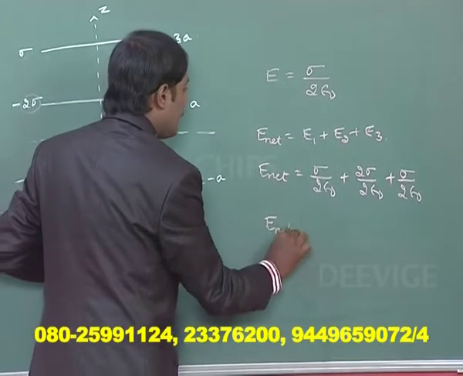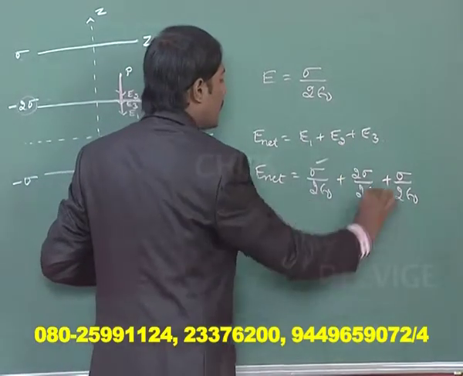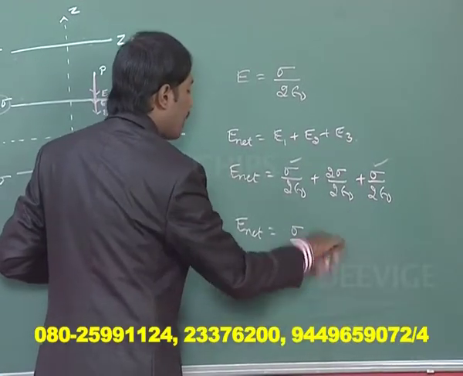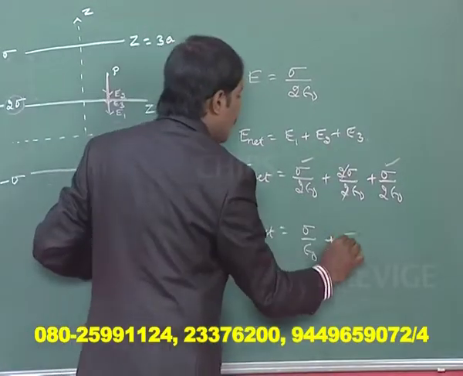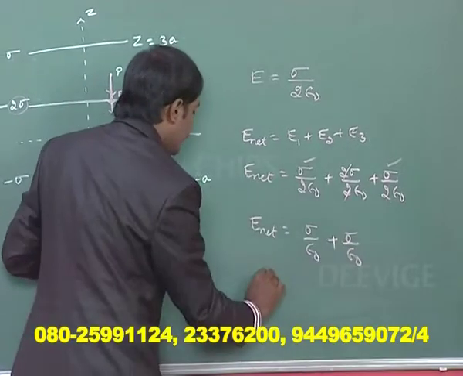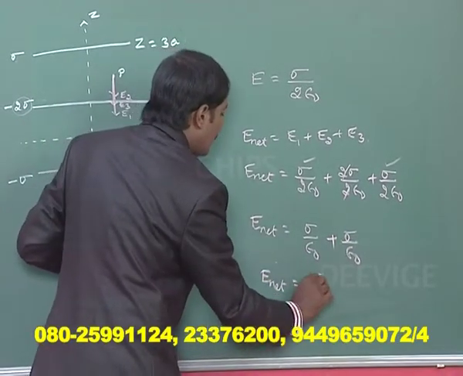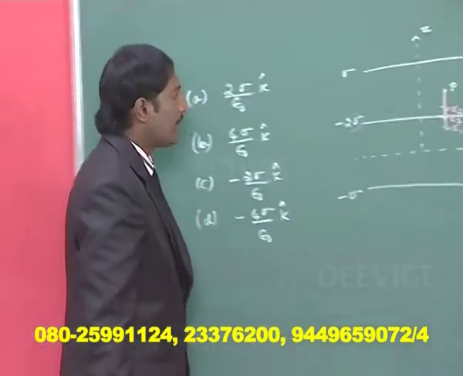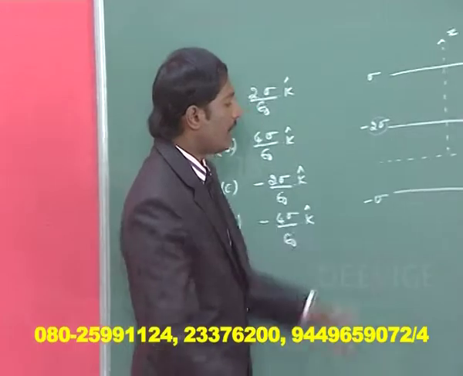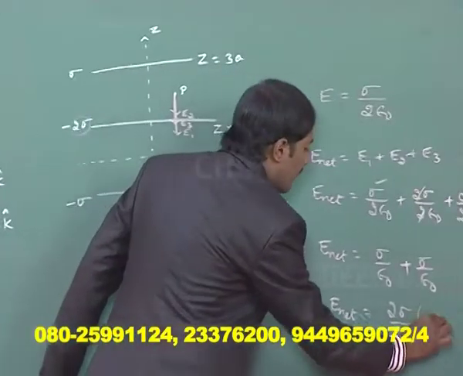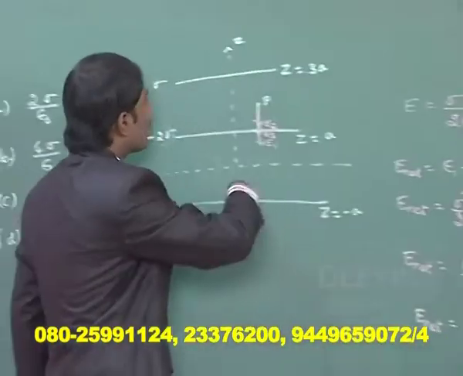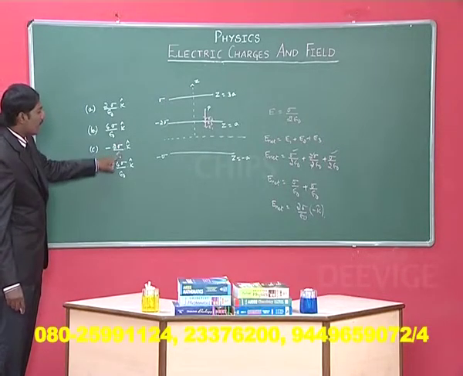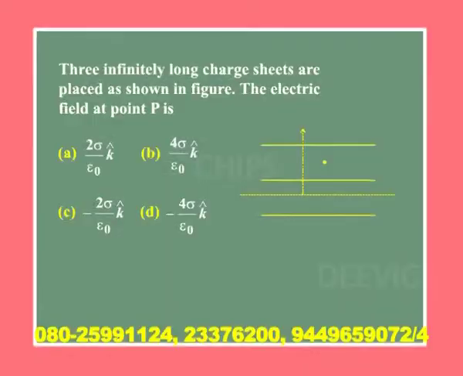So E net will be equal to sigma by 2 epsilon naught plus sigma by 2 epsilon naught, which is 2 times, so it becomes sigma by epsilon naught, plus here the 2 gets cancelled, so sigma by epsilon naught. So the net field is going to be 2 times sigma by epsilon naught. This is the magnitude of the field at the point P. If you want it in vector form, it should go with minus k cap because it is acting opposite to the z axis. Therefore, the correct option is minus 2 sigma by epsilon naught into k cap, that is option C.